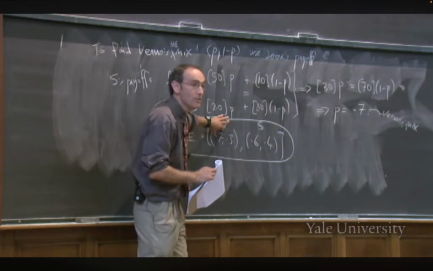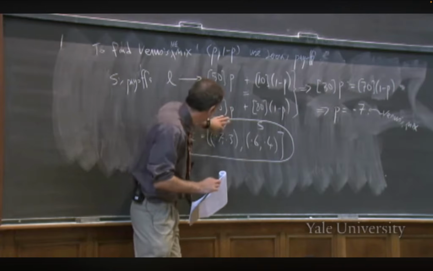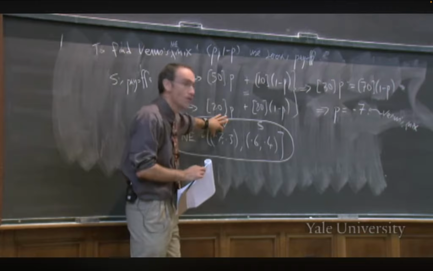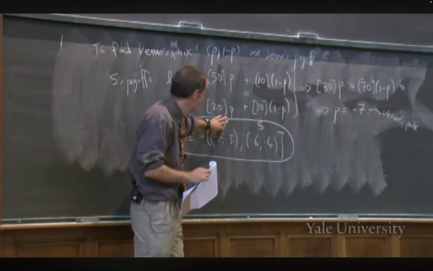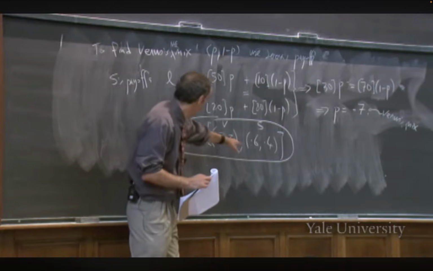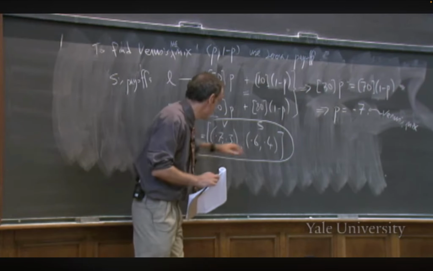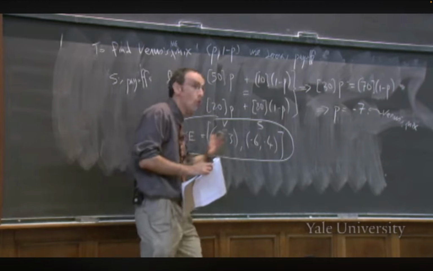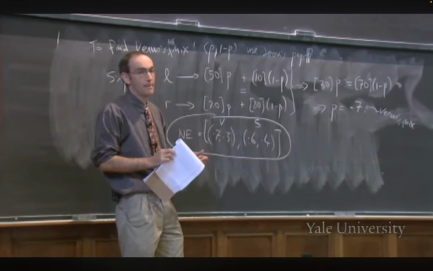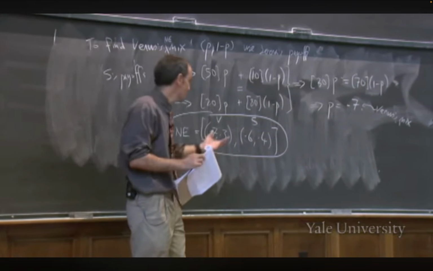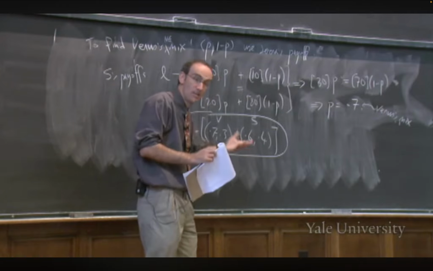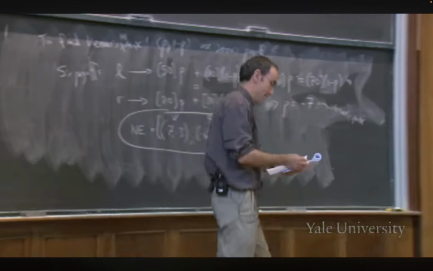If Venus is hitting it to Serena's left more than 0.7 of the time, Serena should just always go to her left. And if Venus is hitting to the left less than 0.7 of the time, so to the right more than 0.3 of the time, then Serena should always go to the right. Right? All right, so that's how this kind of comes back into the sort of coaching manuals, if you like.